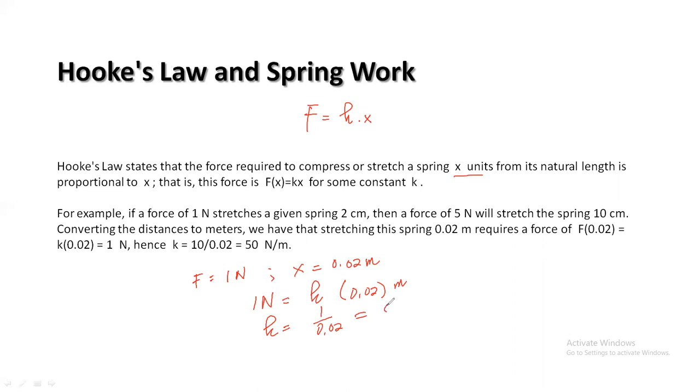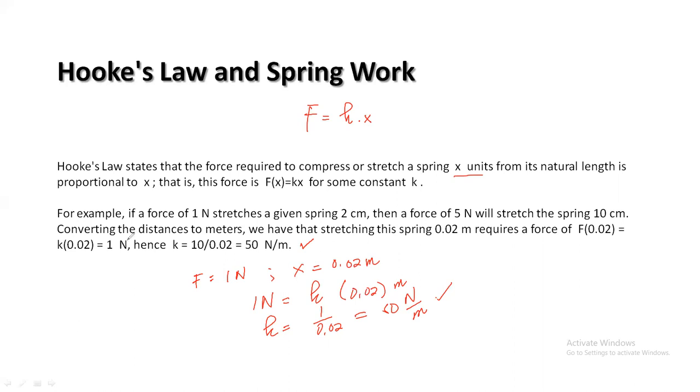And that will give you 50 Newton per meter. Okay, so the 50 Newton per meter that you're getting here for the Hooke's law constant, or the k in this formula, is just taken from the substitution of 1 Newton for the force and 0.02 meters for the, shall I say, the change in the length of the spring. So this is now your Hooke's law constant.